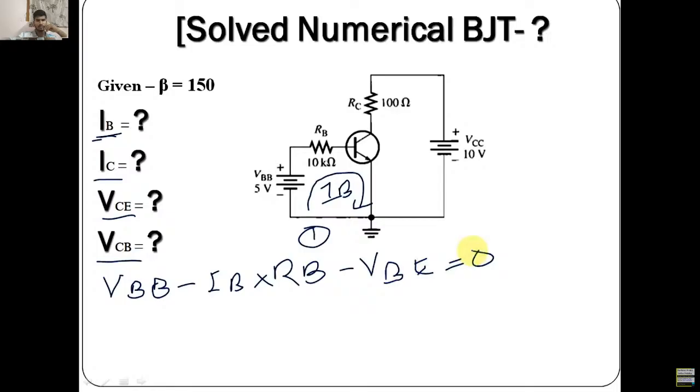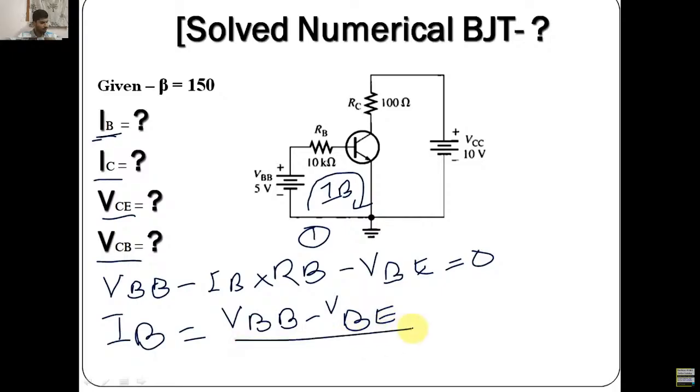Okay, it's 0.7 volt. So now you have to find the value of IB here. So let us directly write the equation for IB. IB equals to, right, VBB minus VBE, right, divide by RB.